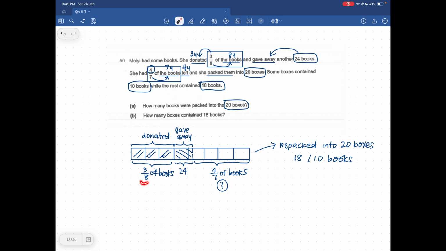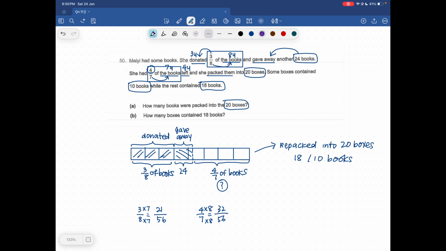These fractions given are all in simplest form. So we have to find the equivalent fractions where the total units is exactly the same for all the books. Let's make the denominators of both fractions the same. So 3 out of 8, times 7, is 21 out of 56. 4 out of 7, times 8, is 32 out of 56.